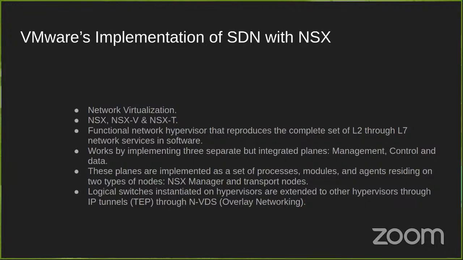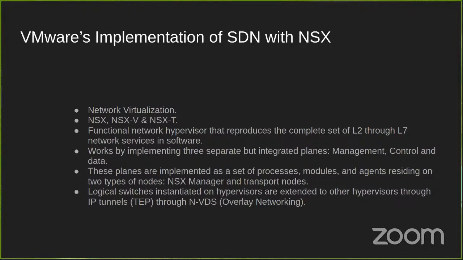NSX started as VMware acquiring a company called Nicira back in 2012, which was a startup mainly dealing with network virtualization. VMware acquired it for quite some money, and in 2013 they idealized the concept of NSX.